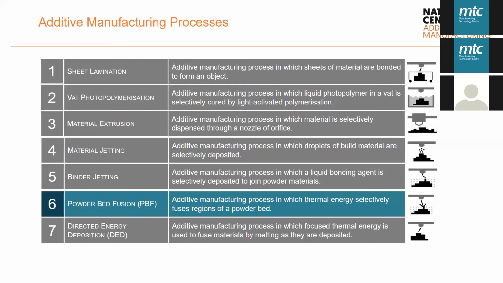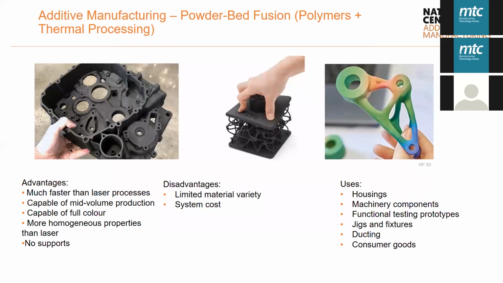So just going to continue on through to metal powder bed fusion, an additive manufacturing process in which thermal energy selectively fuses regions of a powder bed. We're going to touch on polymer powder bed fusion first. I think the two main techniques are a laser source and a thermal source, as you find with the HP.